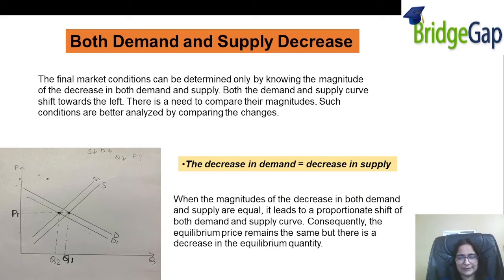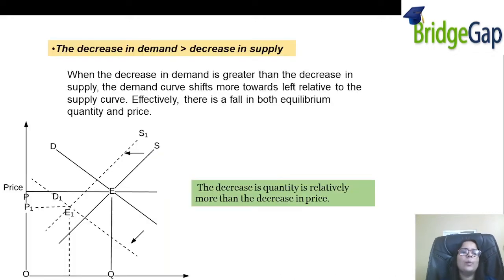Let's have a look at the other situation. When the decrease in demand is greater than the decrease in supply, that means the proportion by which demand has decreased is much higher than the proportion by which supply has decreased. You can see our demand curve D and our supply curve S. The market equilibrium lies here, where Q is the equilibrium quantity and P is the equilibrium price.